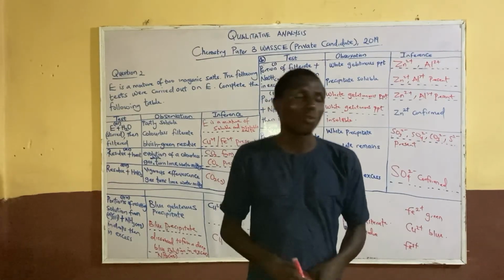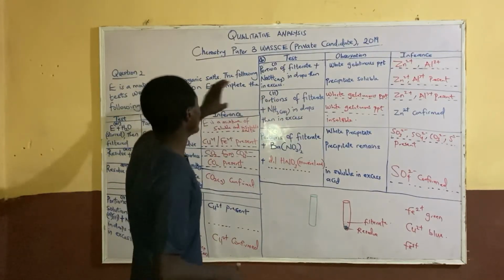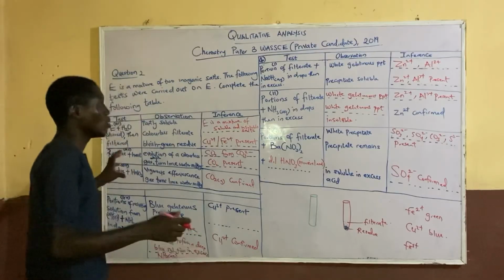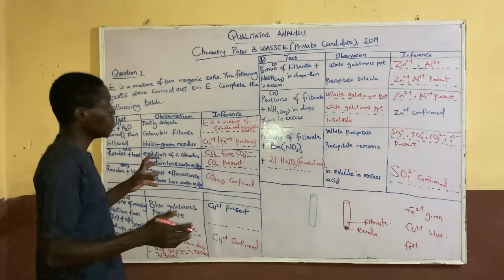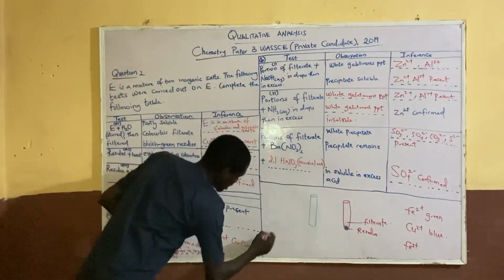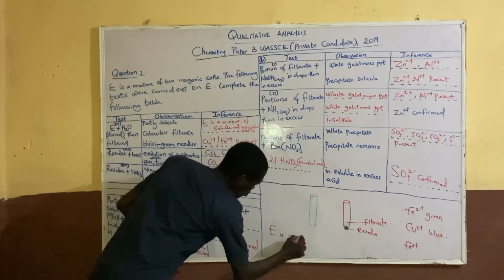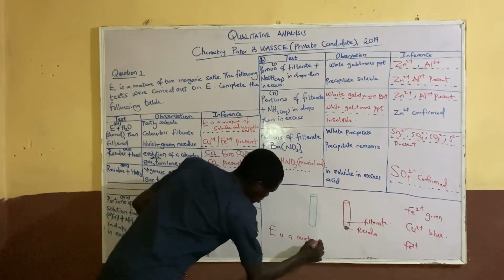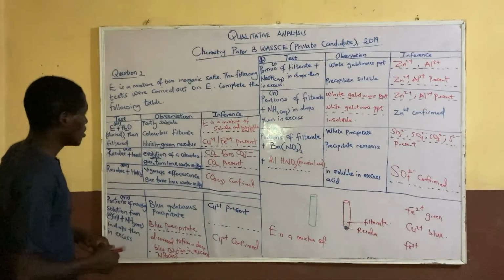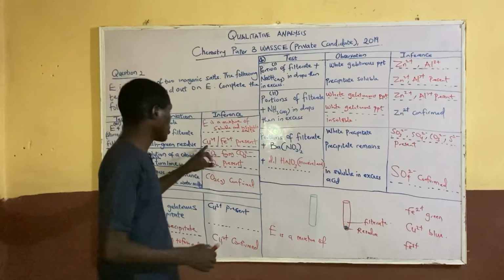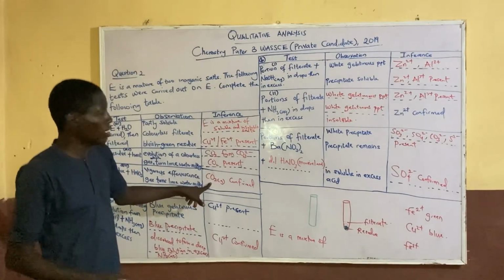Before we go, from our experiments and from what we are being given, we could see that there is a tendency that we can conclude that E is a mixture. E is a mixture of copper carbonate, because we have copper and iron here, and we have CO2 from CO3.